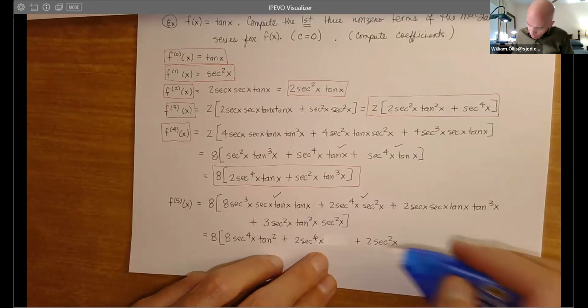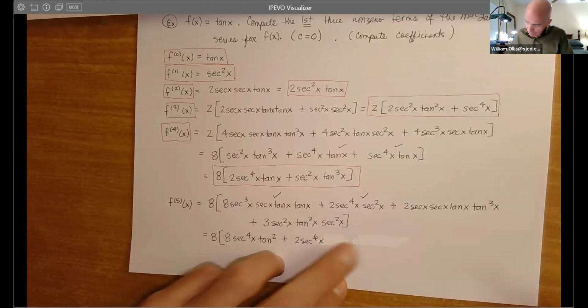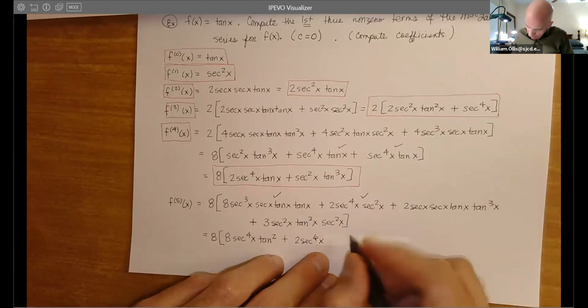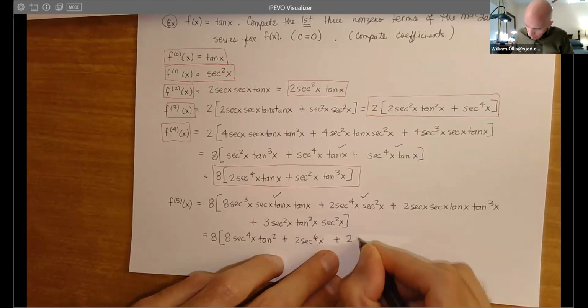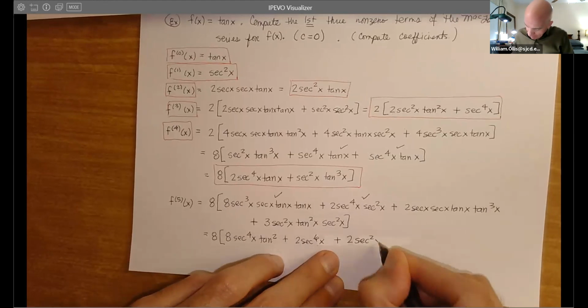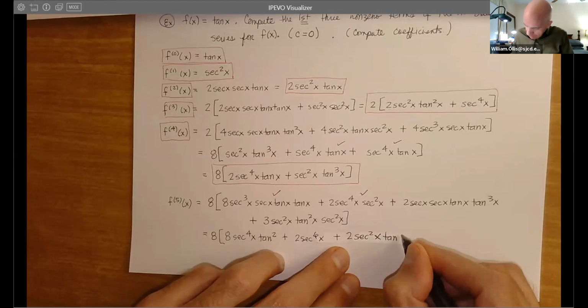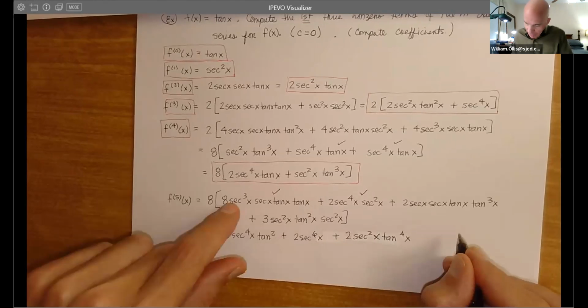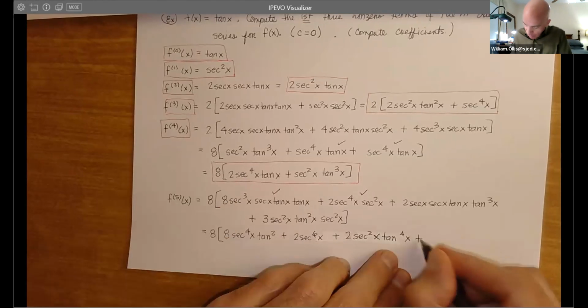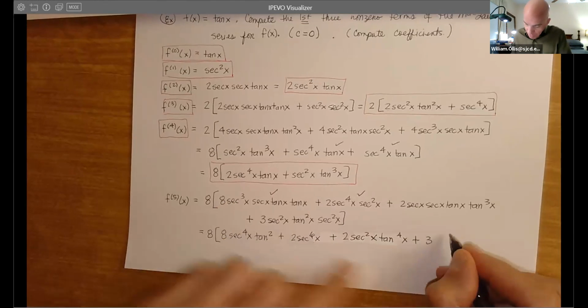Let me scoot this over. So we have plus 2 secant squared tangent to the fourth. And then the last one, we'll get another copy of this, and then we'll combine them. So that'll be 3 secant to the fourth tangent squared.